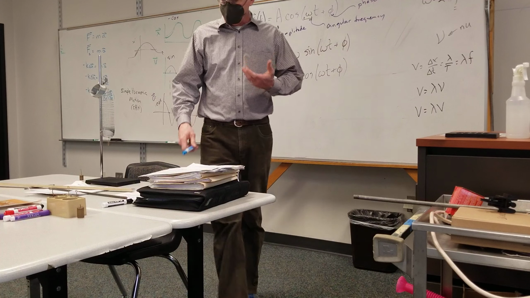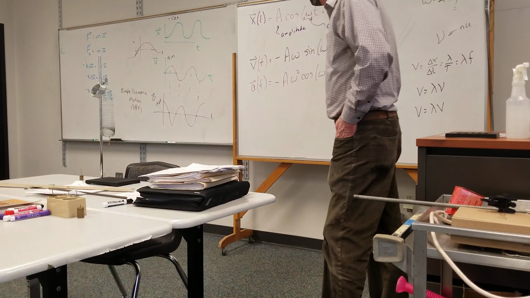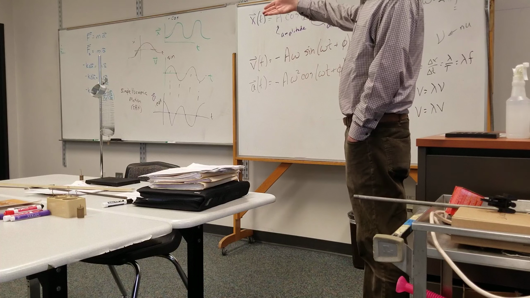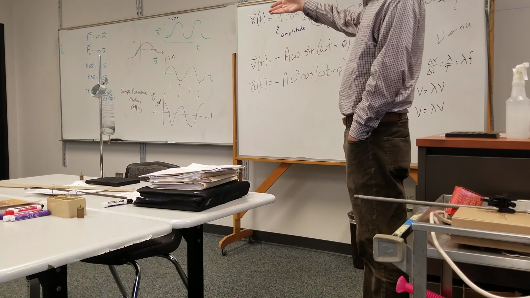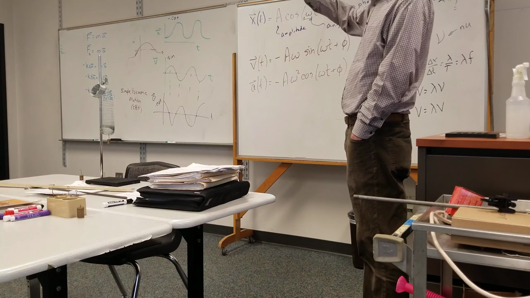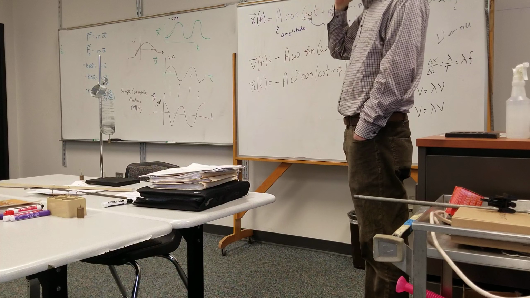So I have an equation now where the right side depends upon its position, and the left-hand side depends upon how the position is changed, how the change of the position is happening.